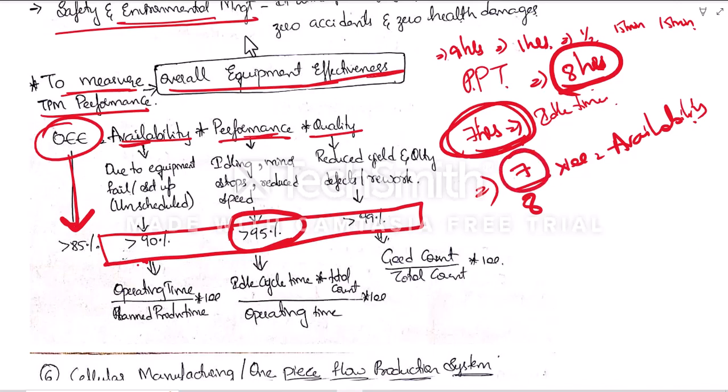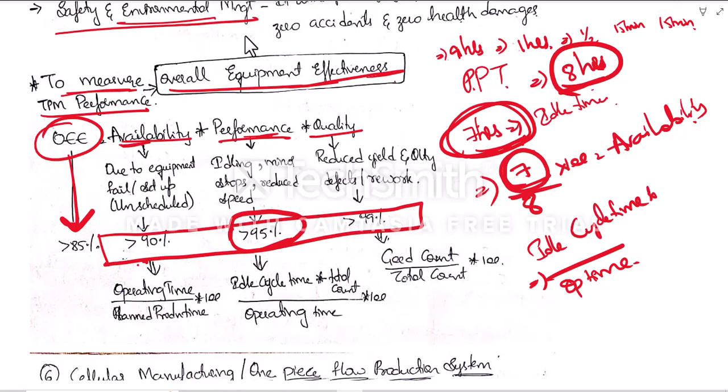See, whatever the actual available time is, we have to take it in the denominator. It is called operating time. And in the numerator, what we should take is the ideal cycle time, which means the time required to do that work.